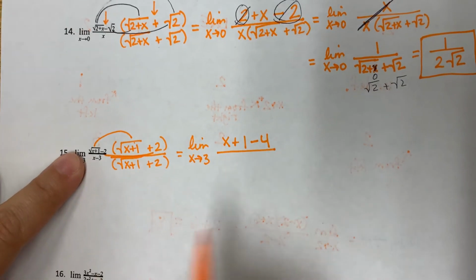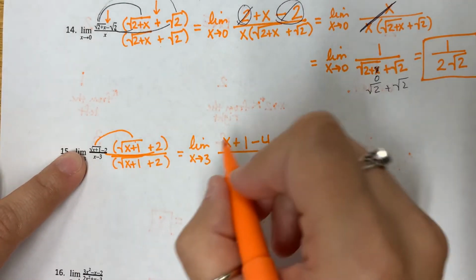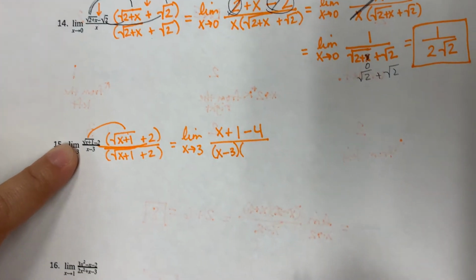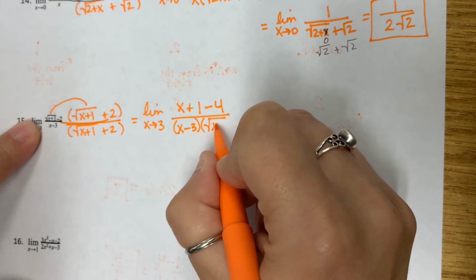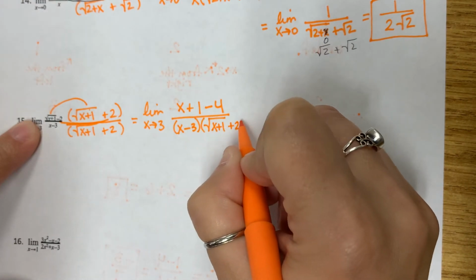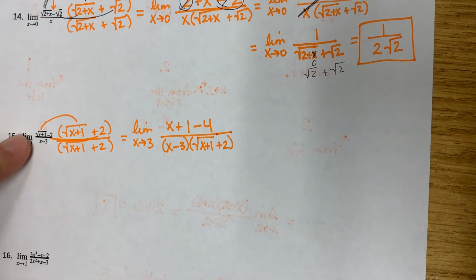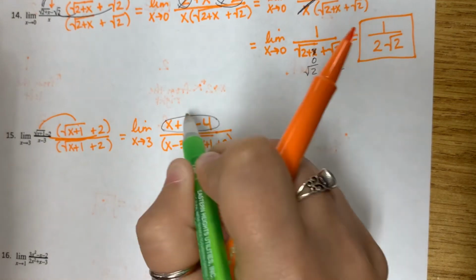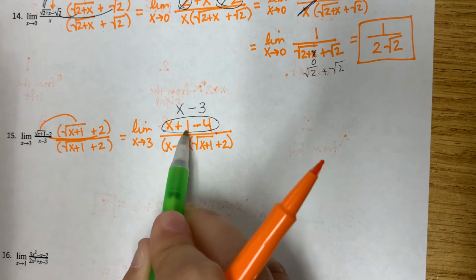The bottom, I'm just going to write down what I have. So that x plus 3 right here, or x minus 3, I'm going to leave that x minus 3, but I am going to put parentheses around it because it looks a little odd. And then x plus 1 plus 2, like that. And then this statement right here is the same thing as x minus 3 if I put these two together.